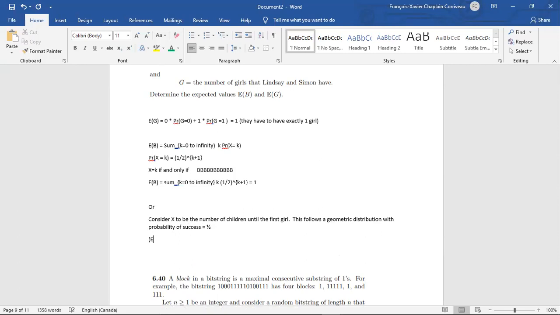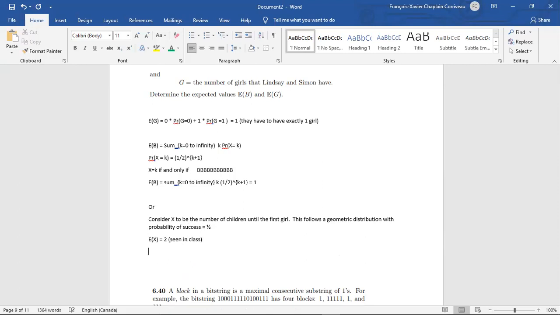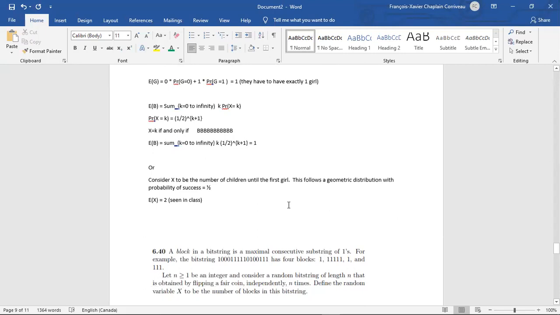The expected value of x is equal to 2, as seen in class. And now what you note is that the expected number of children until the first girl, that's including the girl itself, as a function, x, note that x is equal to girl plus boy.